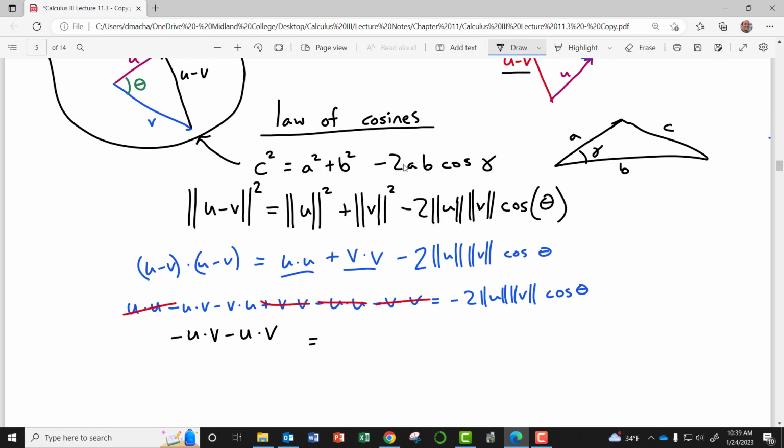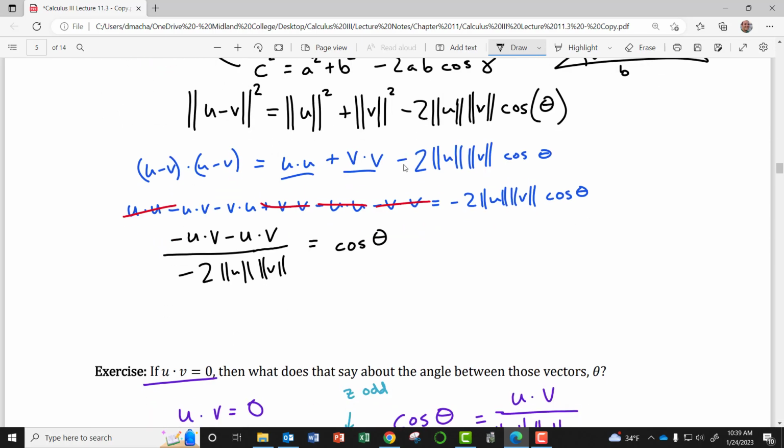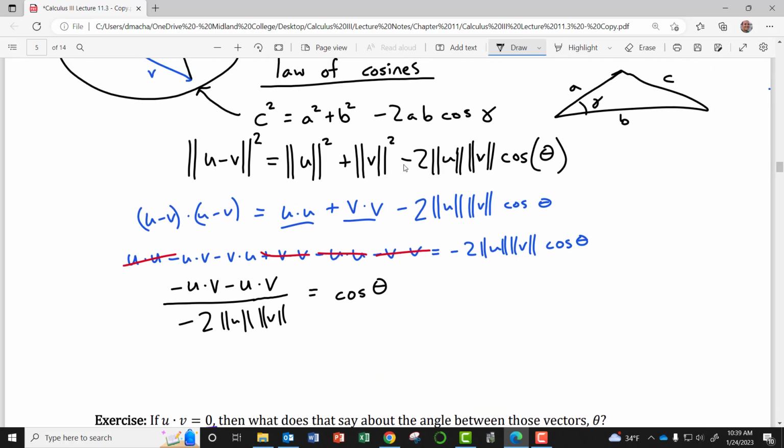This is going to be equal to, let me go ahead and divide both sides of my equation by negative 2 norm of u, norm of v. So this will be equal to cosine theta on the right side. Okay? Now, hopefully you are seeing how this is shaping up. In the numerator, I just have negative 2 times u dot v, right?